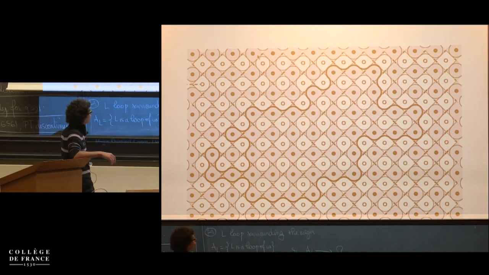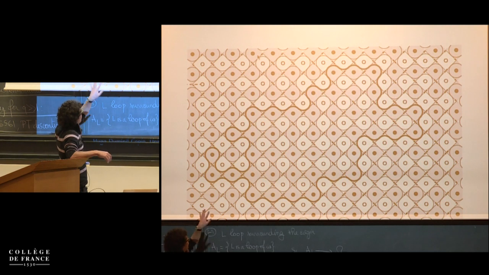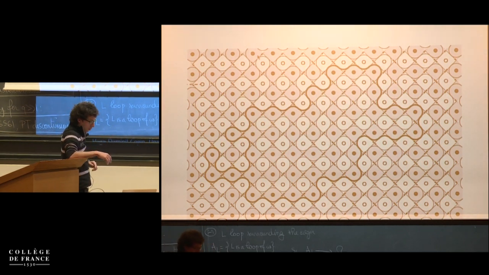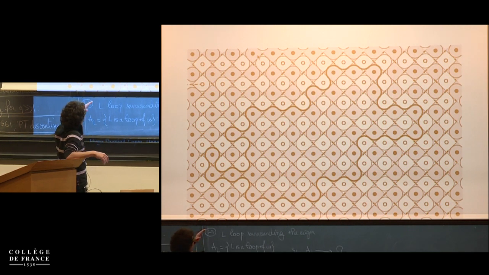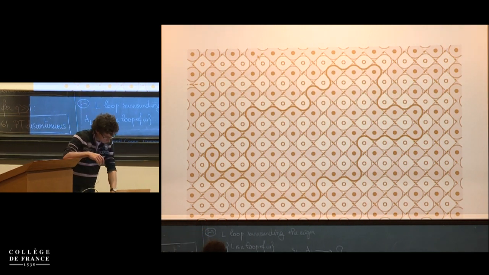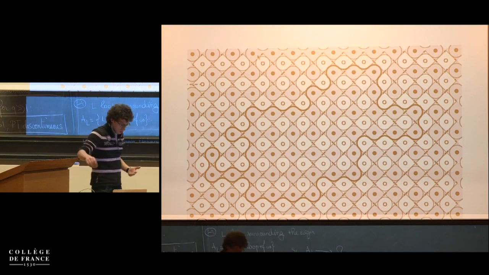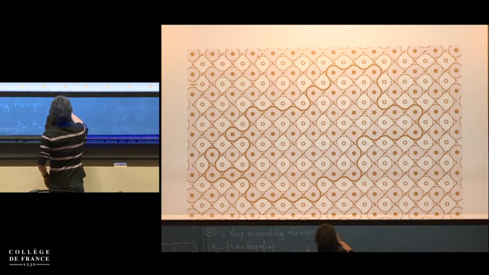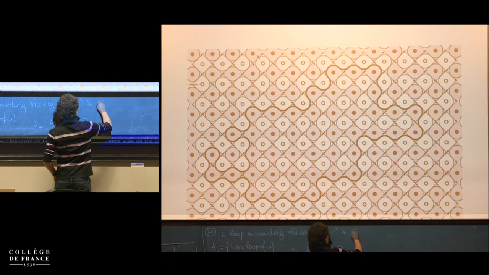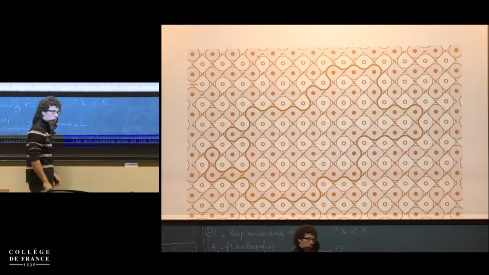So what I do is the following. I look at my loop, and I choose, to start with, one direction in such a way that, so my loop is going through 4 types of edges, right? These 4 types of edges.